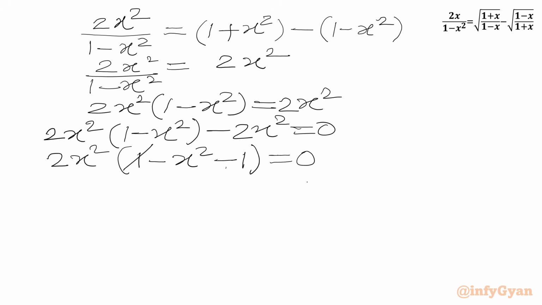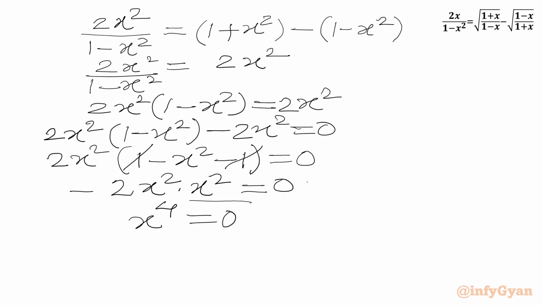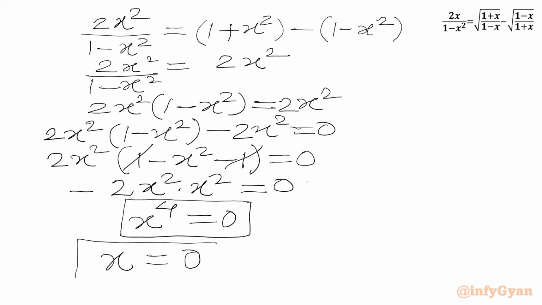Plus 1 minus 1 will be over. We will get minus 2 times x square times x square equal to 0, or I can write here x power 4 equal to 0. So from here we are going to get x equal to 0, which is our real solution for our radical challenge.